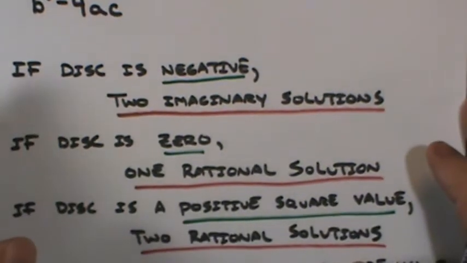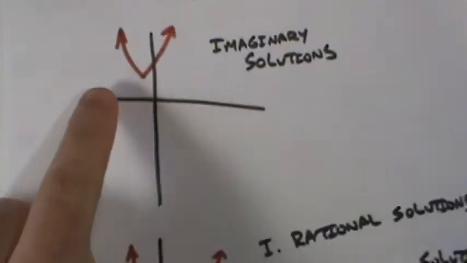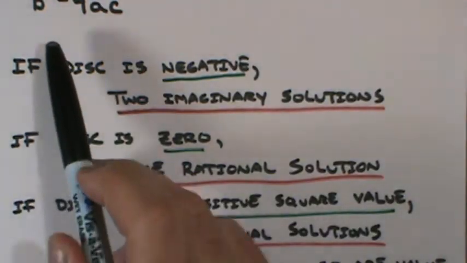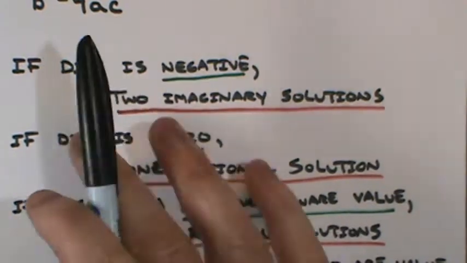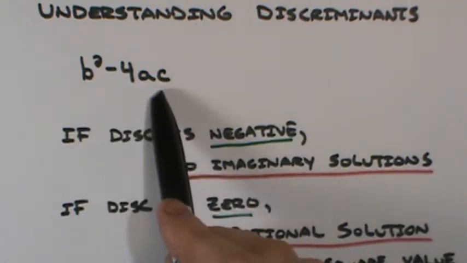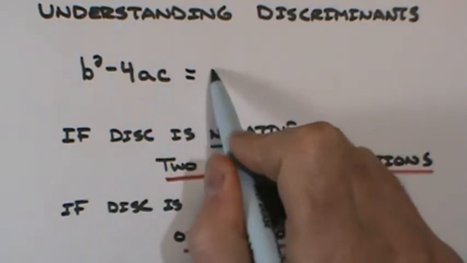So understanding discriminants. How do I get these pictures? How do I get this concept flowing? There's a formula called b squared minus 4ac. It is part of the quadratic formula. b squared minus 4ac. That is known as your discriminant.